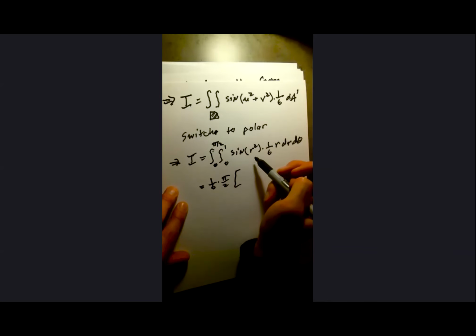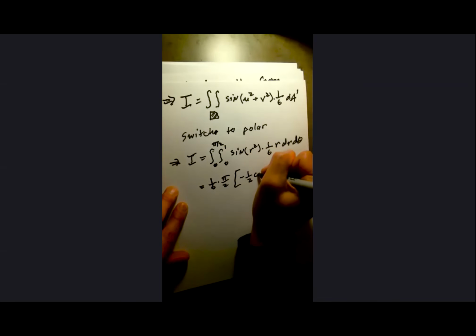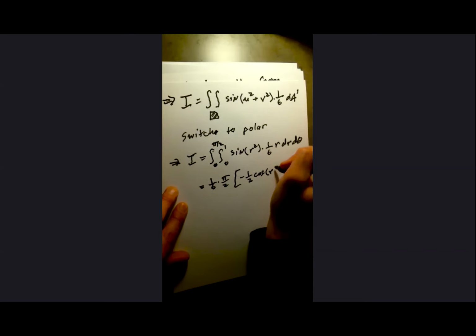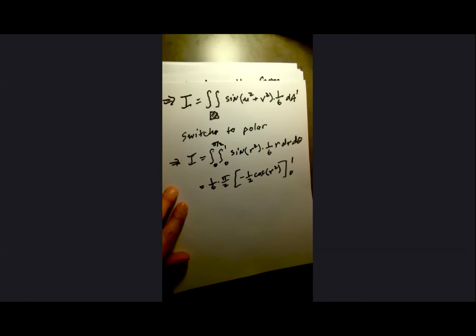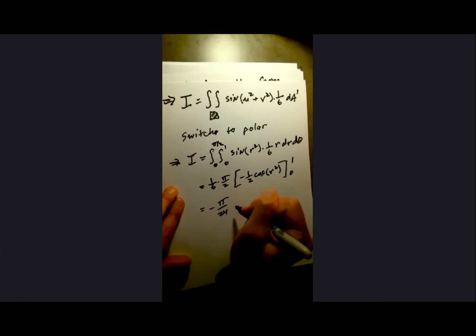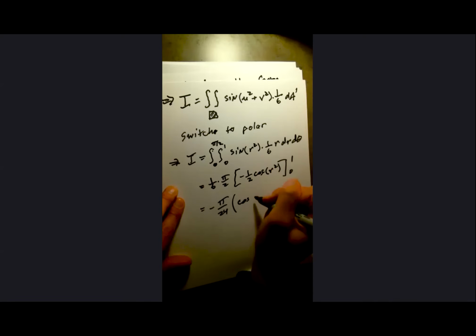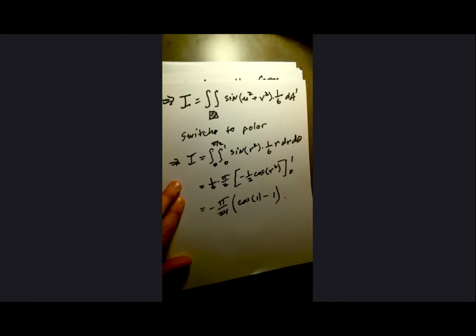Antiderivative of sine r squared times r is going to be negative 1/2 cosine r squared from 0 to 1, minus pi/24 times cosine of 1 minus 1. Questions?